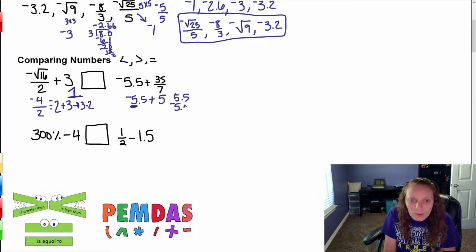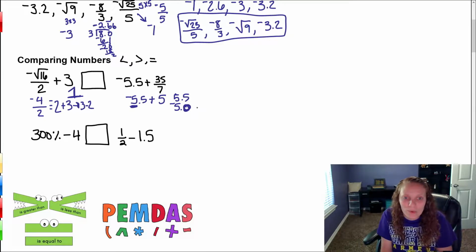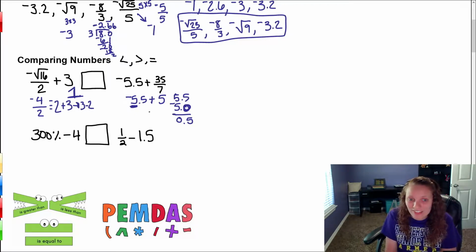It does need to go underneath the other 5 with the decimals lined up, and then you can add a 0 afterwards. 5 minus 0 is 5, bring down the decimal, and then 5 minus 5 is 0. So we have 0.5. Now we have to think about which number is larger, 5 or 5.5. And 5.5 is larger than 5. 5.5 also has the negative sign, so our answer is going to be negative a half, negative 0.5.